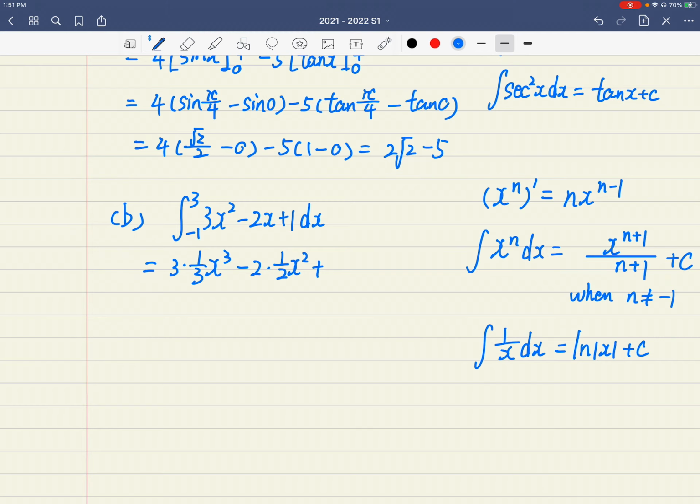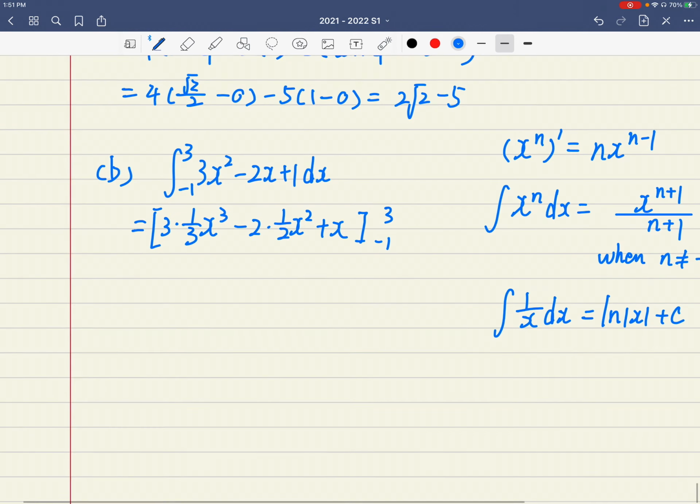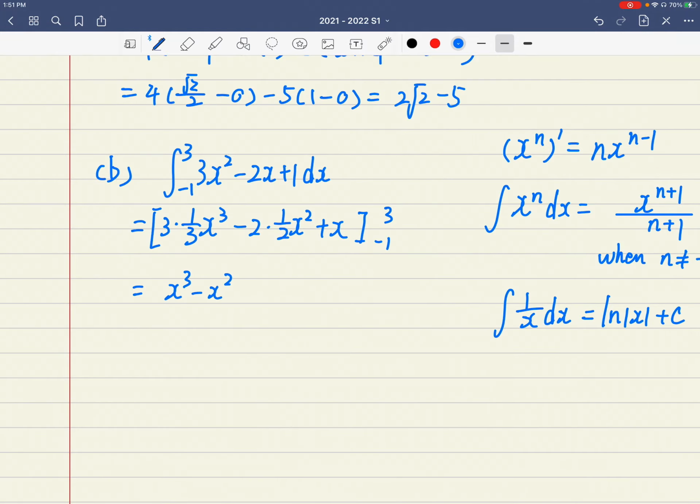And 1 you integrate, it will be just x. Then do the substitution from -1 to 3. So it's x cubed minus x squared plus x from -1 to 3.